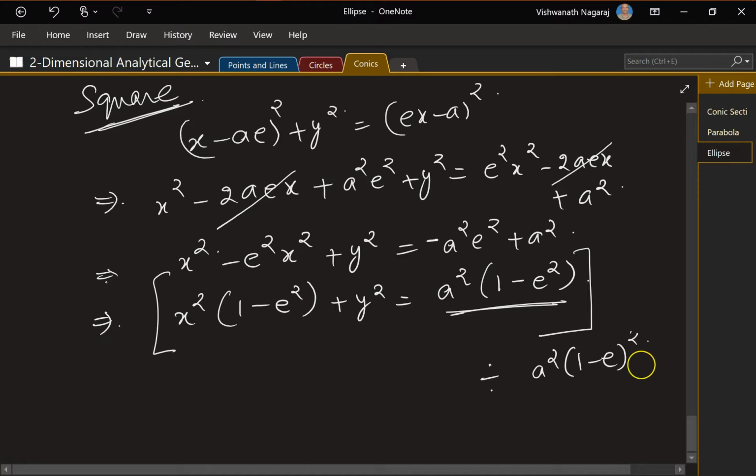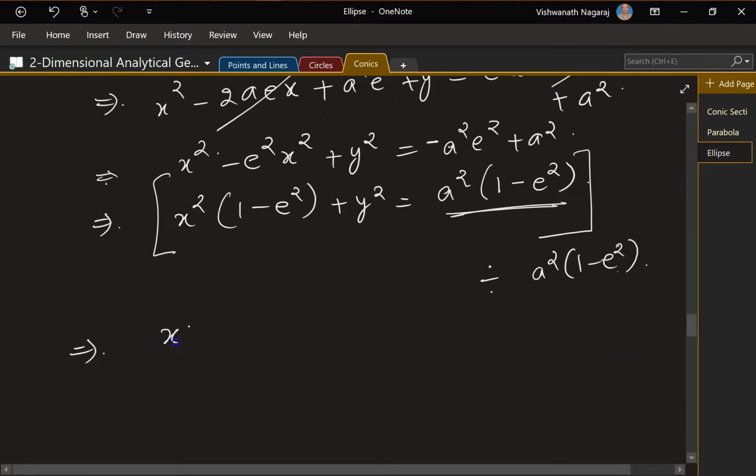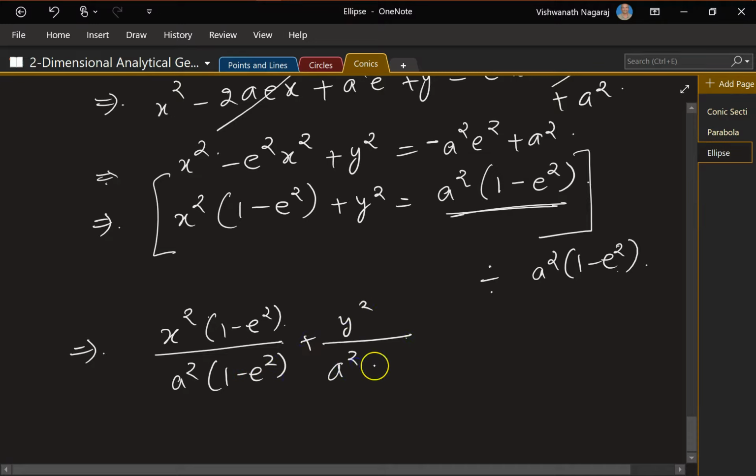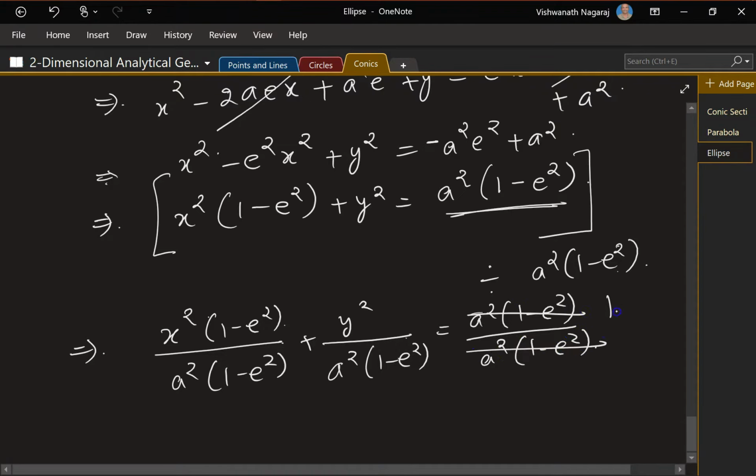So x square (1 minus E square) divided by A square (1 minus E square) plus y square by A square (1 minus E square) is equal to A square (1 minus E square) by (1 minus E square). So this and this get cancelled, we are left with 1. This and this get cancelled.